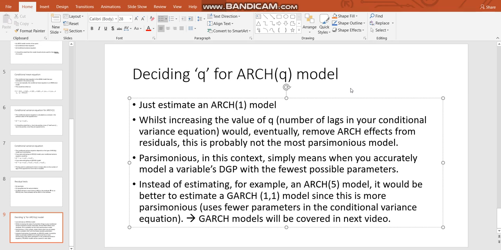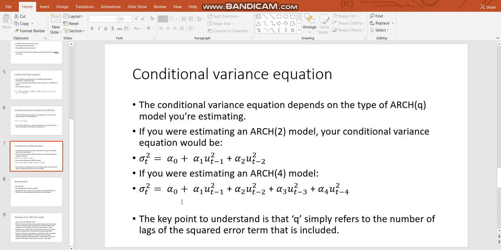The reason why is because if you, say, have to estimate an arch model of order 5 in order to remove the arch effects and the autocorrelation from your residuals, that will mean that you have a lot of terms in your conditional variance equation.